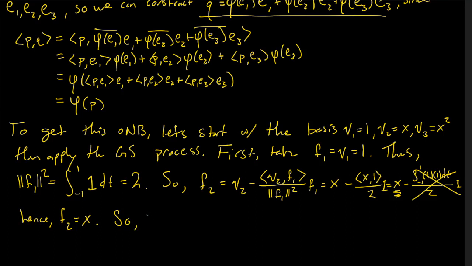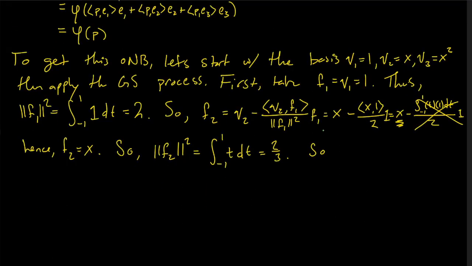So the norm of f2 squared is equal to the integral from -1 to 1 of, well, let's see, it's just going to be t squared dt, since f2 is equal to x. And all you have to do is a little tiny bit of calc 1, and it is 2/3.